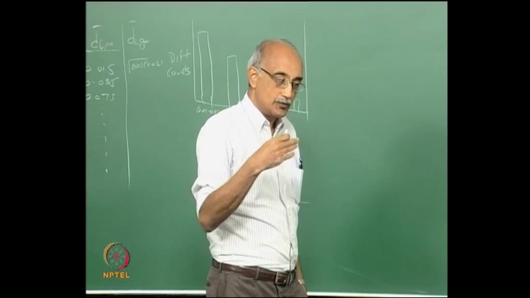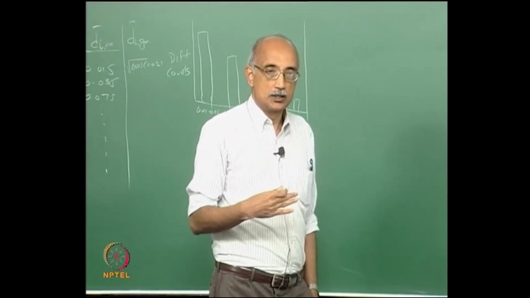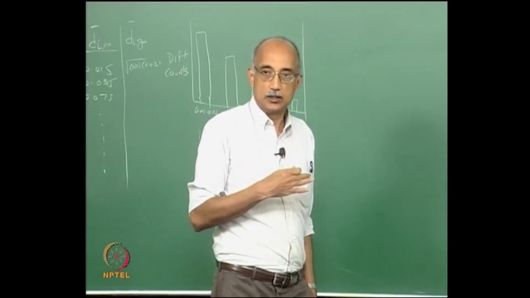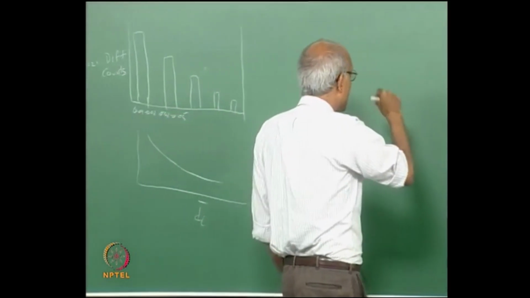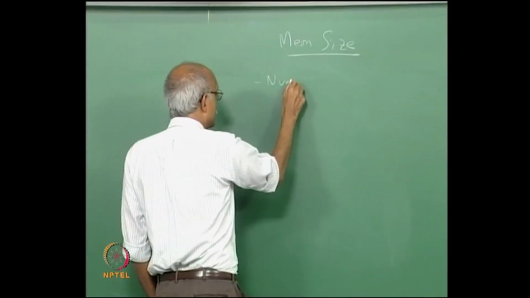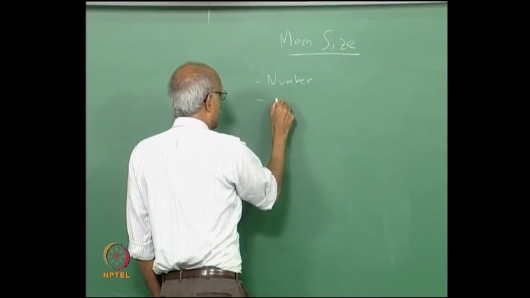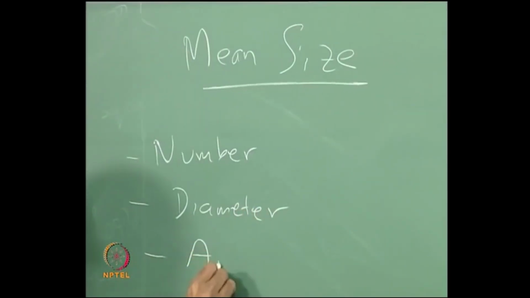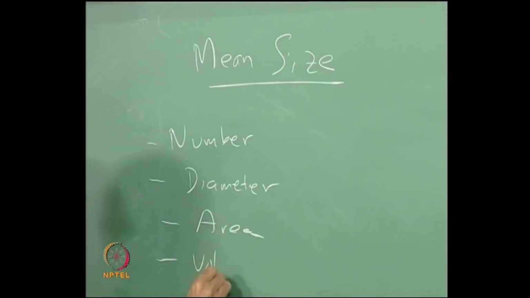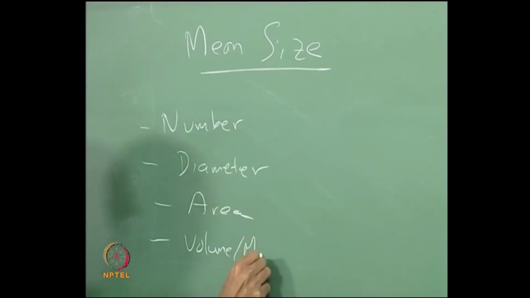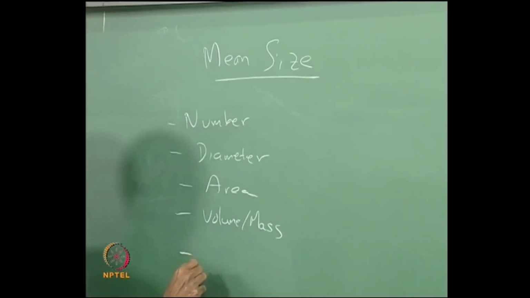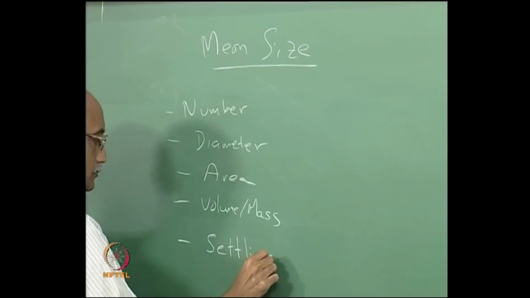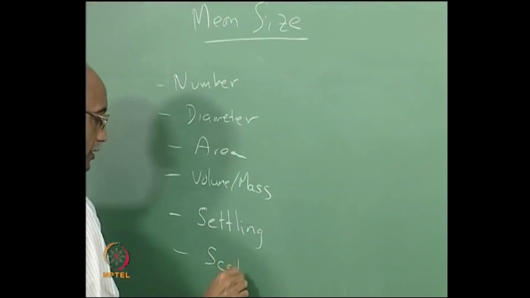You can essentially take different moments of the particle population and define different means based on which moment you are considering. So when we talk about mean size, we can talk about a number mean, a diameter mean, an area mean, a volume or mass mean diameter, we can even talk about a settling mean diameter or a scattering mean diameter.